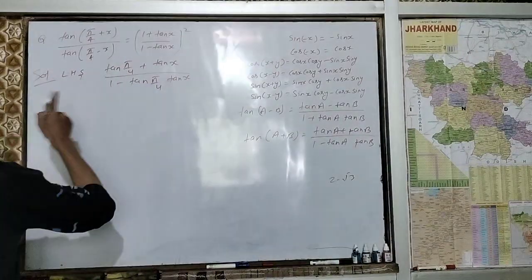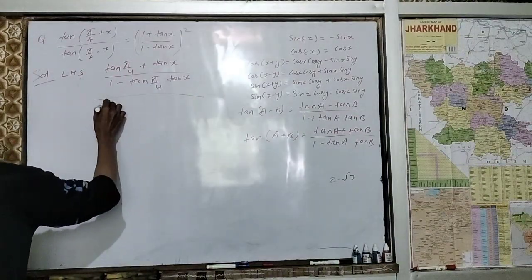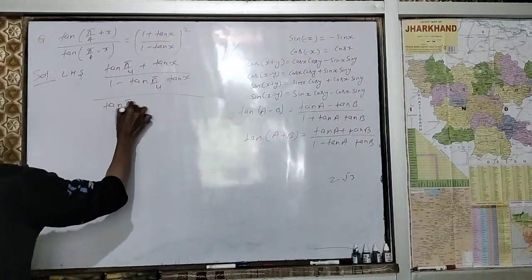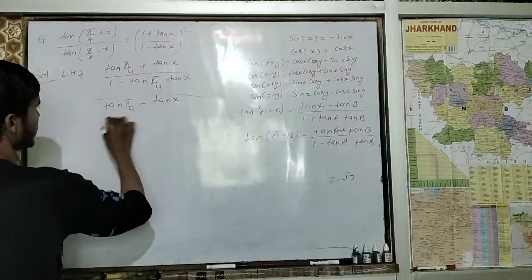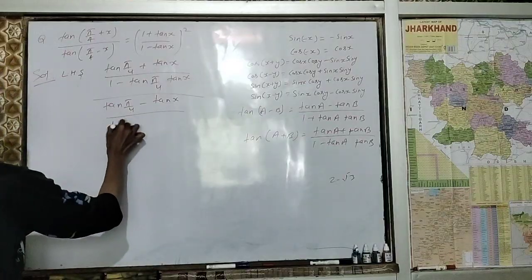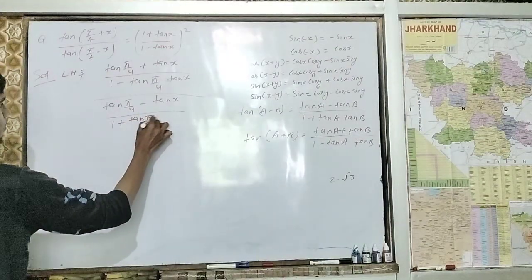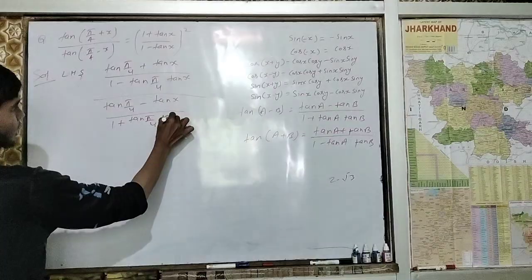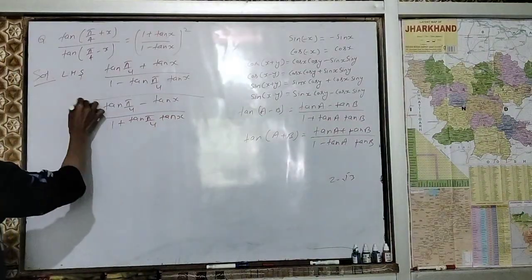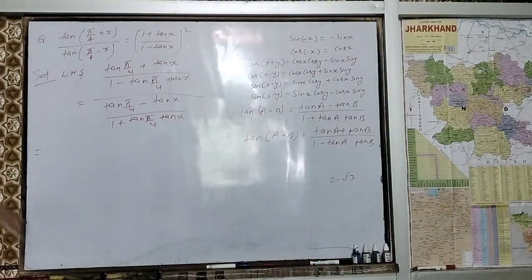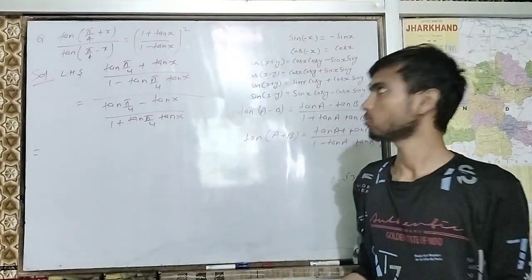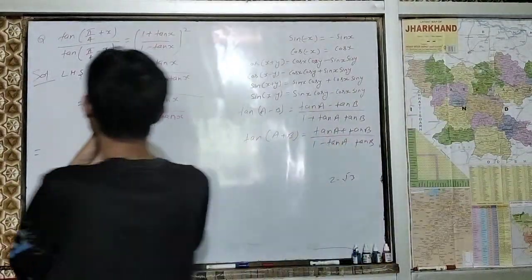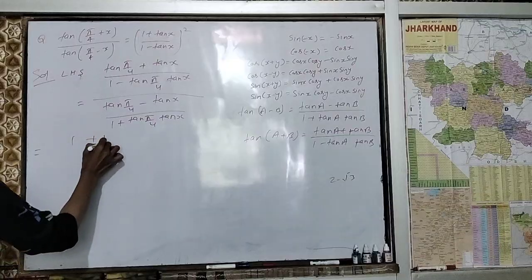Okay, till here this is correct. This is upon tan pi upon 4 minus tan x, upon 1 plus tan pi upon 4 into tan x. Clear? This is done. Now in the next step, we know that pi upon 4 is nothing but 45 degrees.